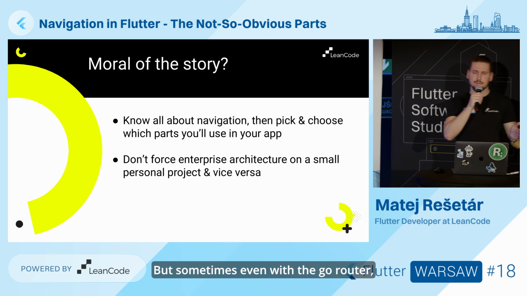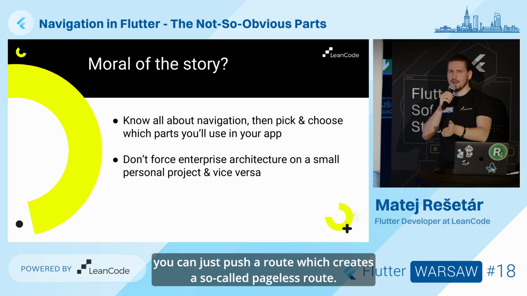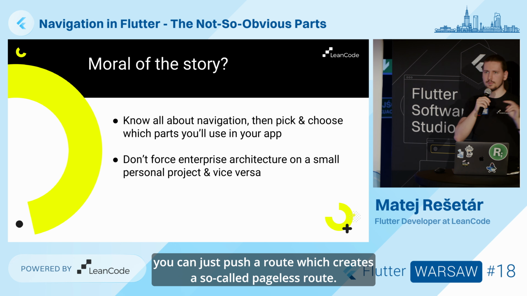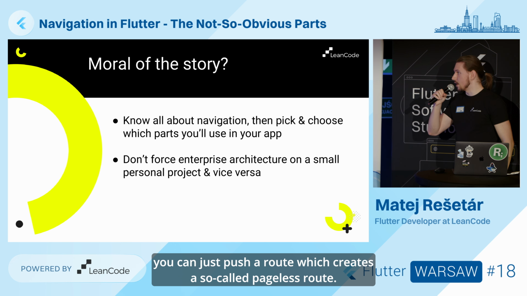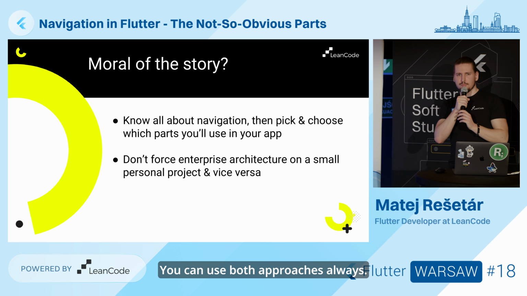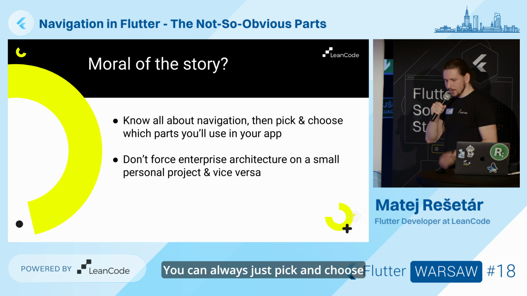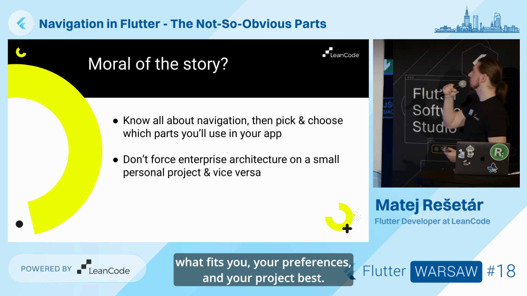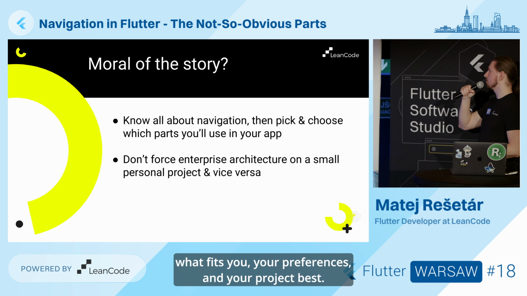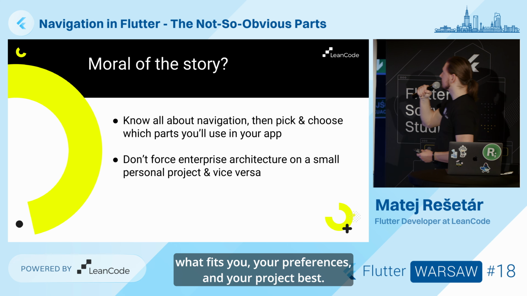But sometimes even with GoRouter, you can just push a route, which creates a so-called pageless route. You can use both approaches always. So you can always just pick and choose what fits you, your preferences, and your project best.